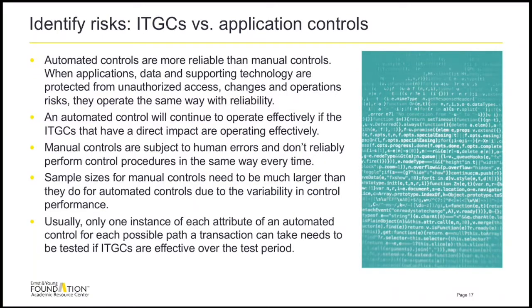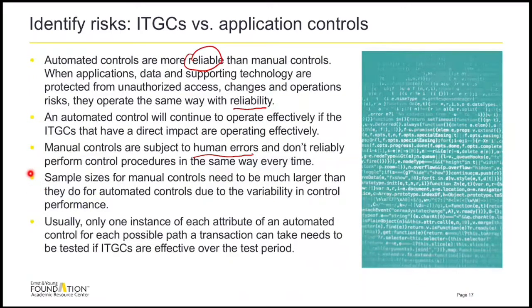So automated controls are more reliable than manual controls. When applications, data, and supporting technology are protected from unauthorized access, changes, and operation risks, they operate the same way with reliability. So an automated control will continue to operate effectively if the ITGCs that have a direct impact are operating effectively. Manual controls are mostly subject to human errors and don't reliably perform control procedures the same way every time.